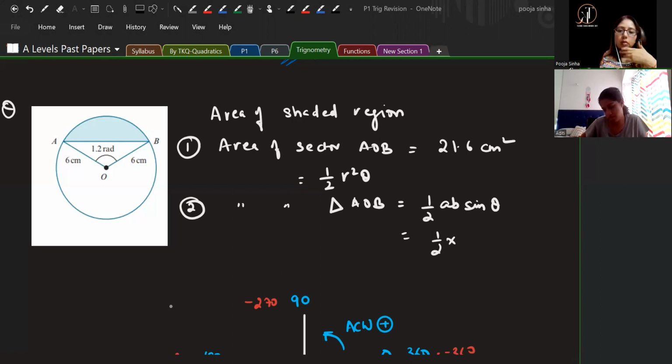Okay, so I've done it. So we need the base. See, half into base into height, right? If you do not have base and height, then what will you do? Then it is half AB sine theta. A and B are the two sides and theta is the included angle.